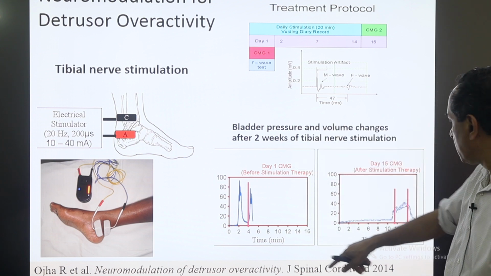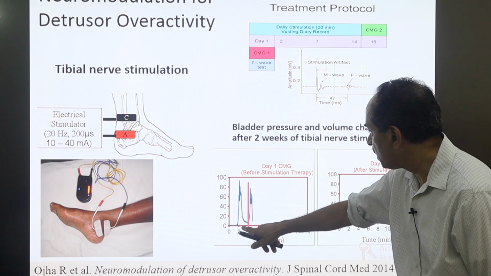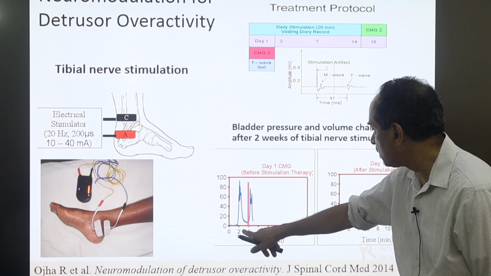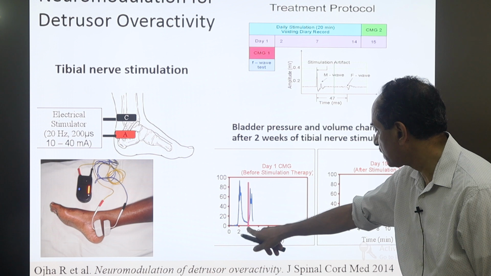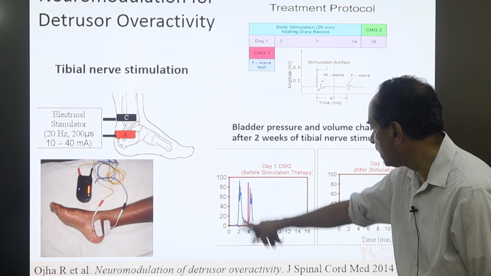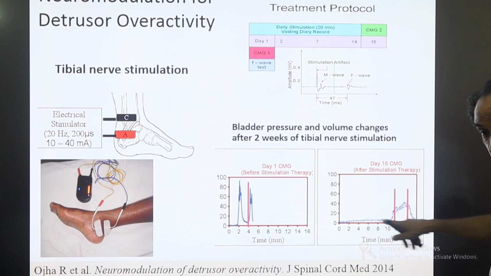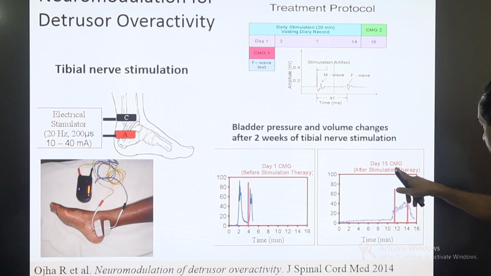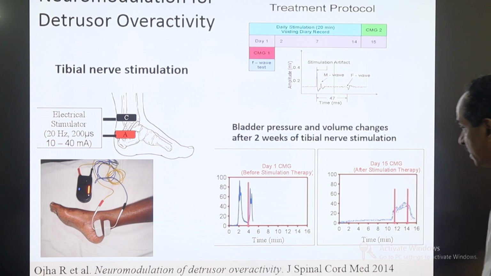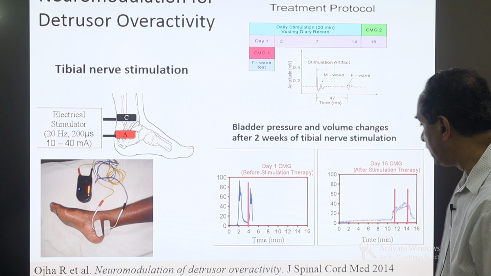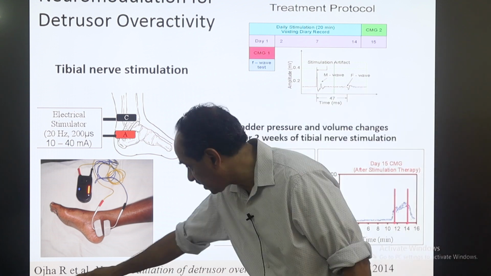The reflex volume is at a low volume, getting a high pressure there, whereas now the CMG pressure duration has increased. This is about day 15 of CMG after the day of starting, and you can go to the details of this in his publication there.